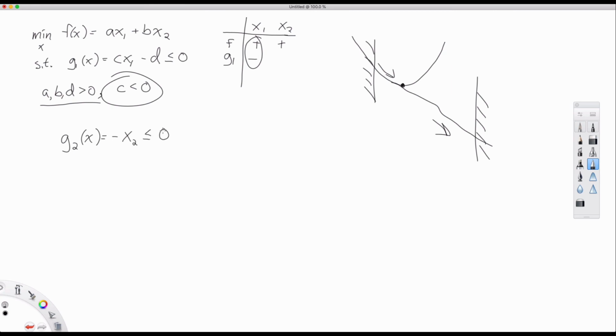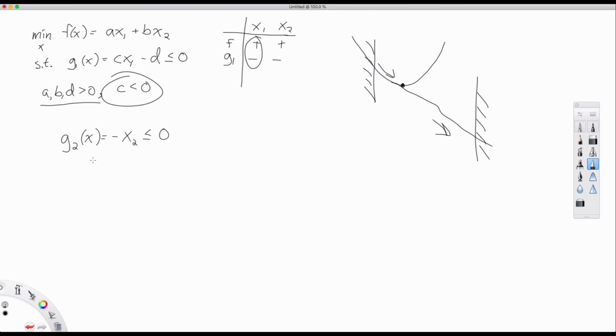Here I am adding a simple bound on x2. This is a lower bound on x2, and the partial derivative of g2 with respect to x2 has a negative sign.